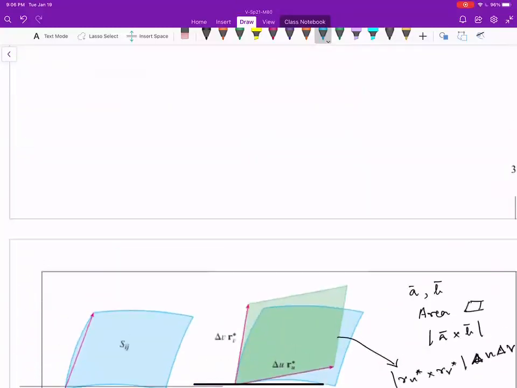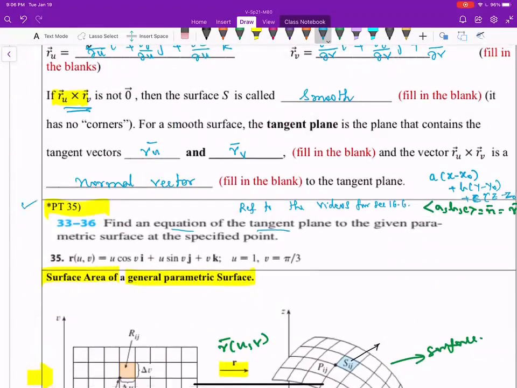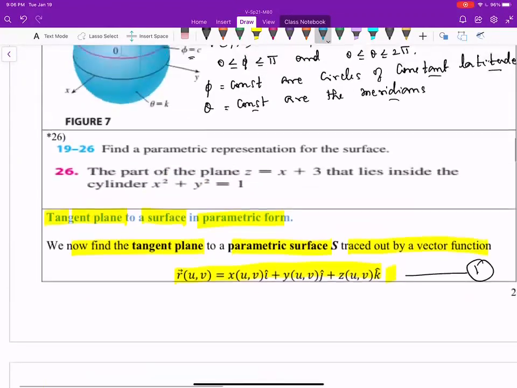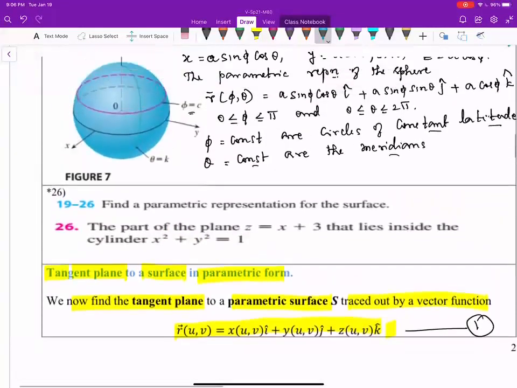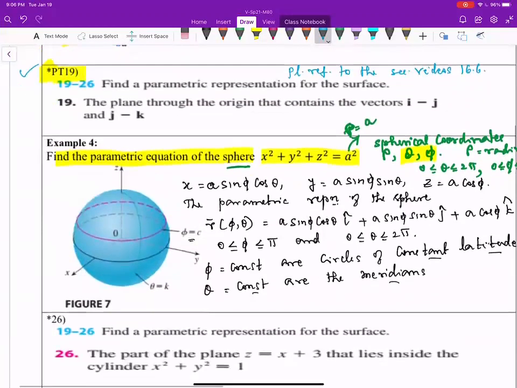Even problem number 19 is done in the video. You may want to refer to them to get an idea of these problems, because we are stating the formula here, and then you will know how to apply that formula to do these problems by watching the videos.